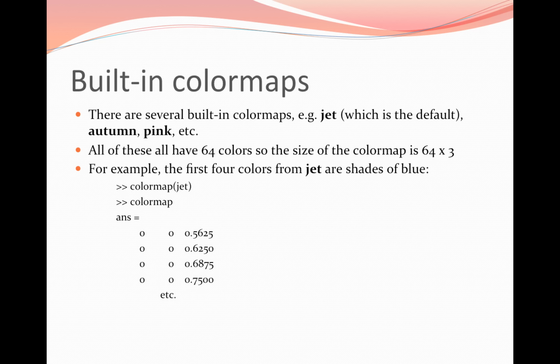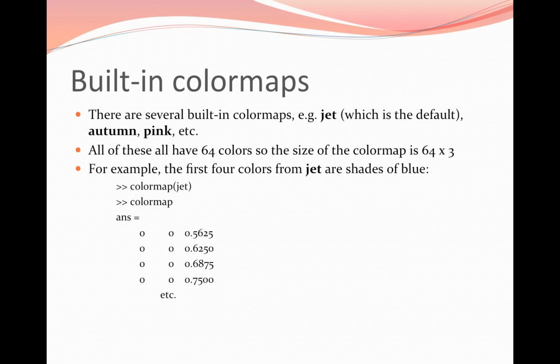So for example, if we make sure that Jet is the color map by saying colormap(jet), that would be the default, but if we've changed it, then we're changing it back here to be Jet. And then if we use the color map function by just calling it with no arguments, it will display the 64 colors in the Jet color map. So we can see, for example, here, the first 4 colors are actually shades of blue.